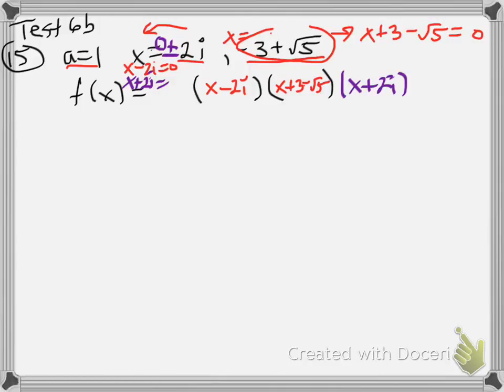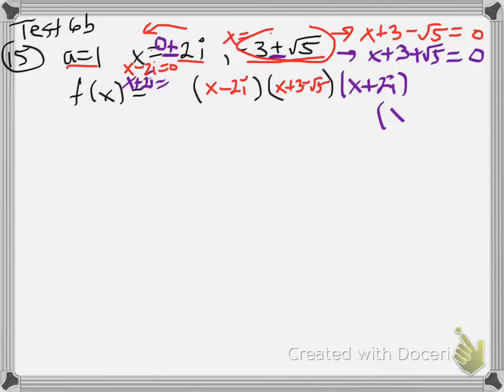Okay? And the same thing here for irrational answers. They always come in pairs, so there's a conjugate pair: minus 3 plus root 5 and minus 3 minus root 5. So if I do that work, I'm going to get x plus 3 when I add 3 to both sides, and since it's minus root 5, I'm going to add root 5.